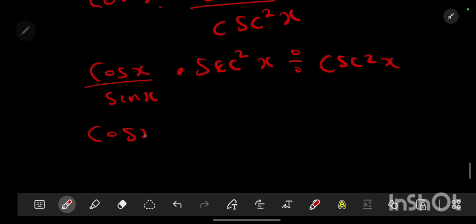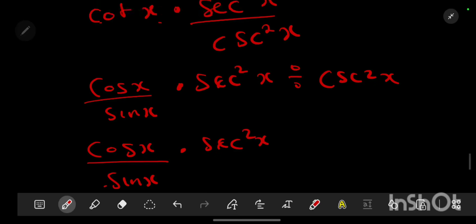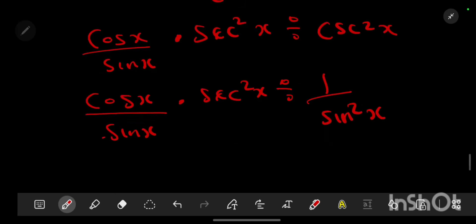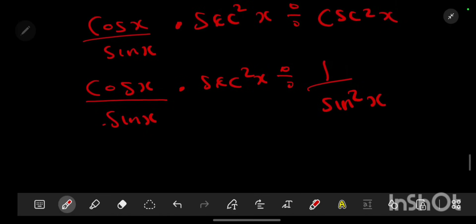So this gives us cos of x over the sine of x. Then we have sec squared x, and cosec is the same as 1 over the sine squared of x, like that. So by doing this, let us simplify things now.